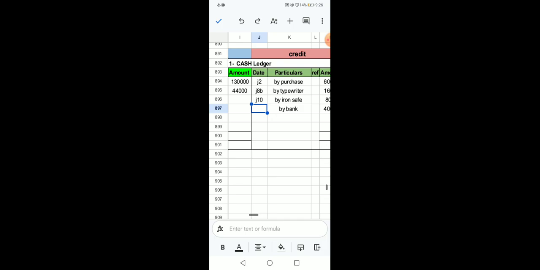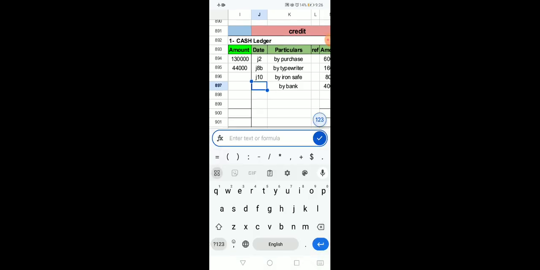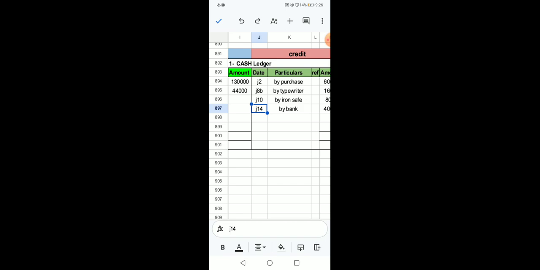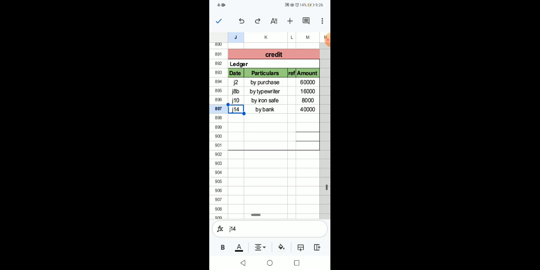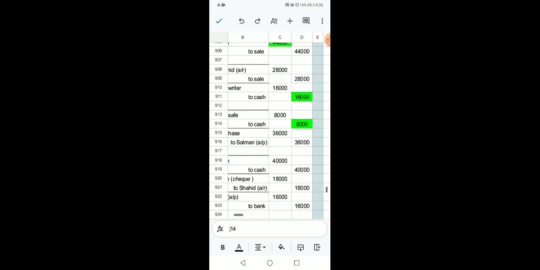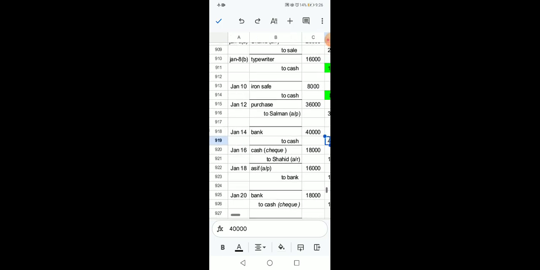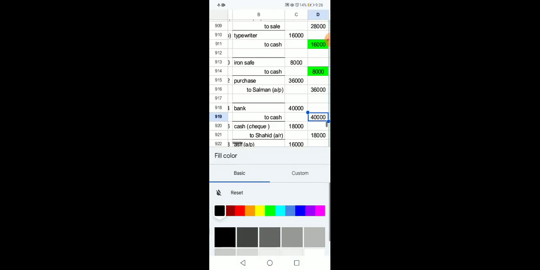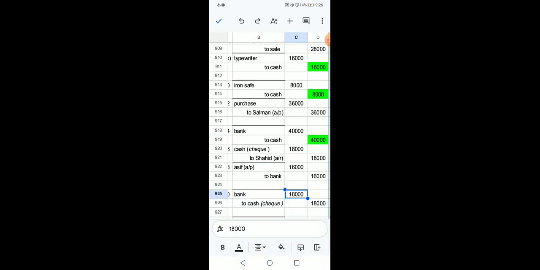Put the date over here. A very important matter is to put the date accordingly, because it would be very helpful while making other ledgers, and after completing the ledger it would also play a very important role in the trial balance. So 40,000 January 14 posting is completed, mark it as done.